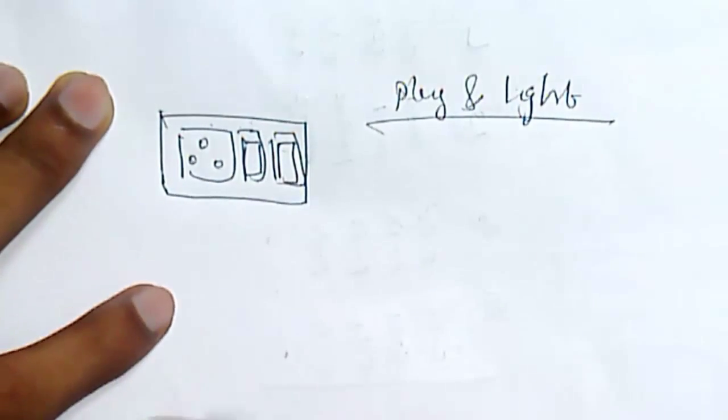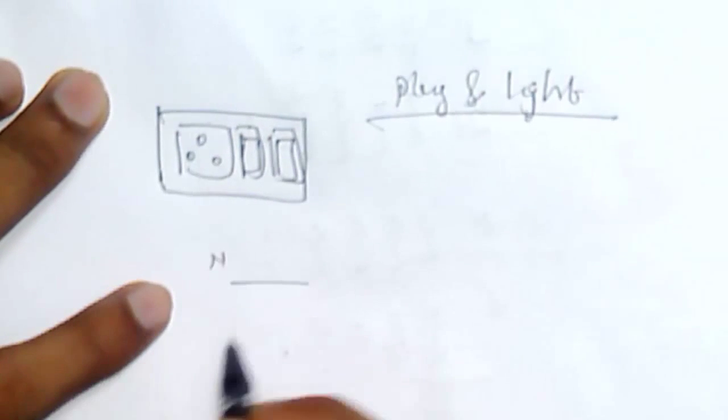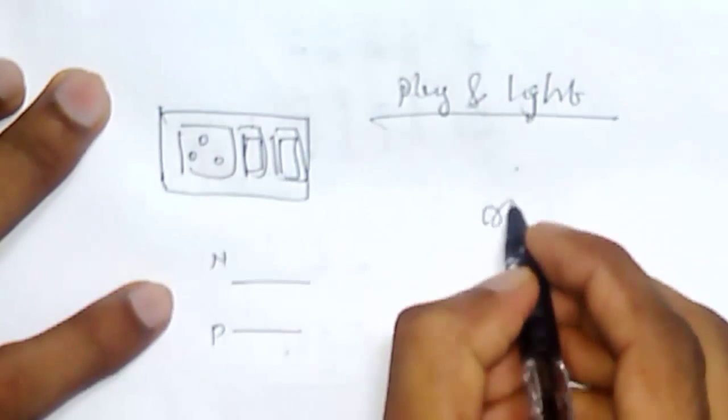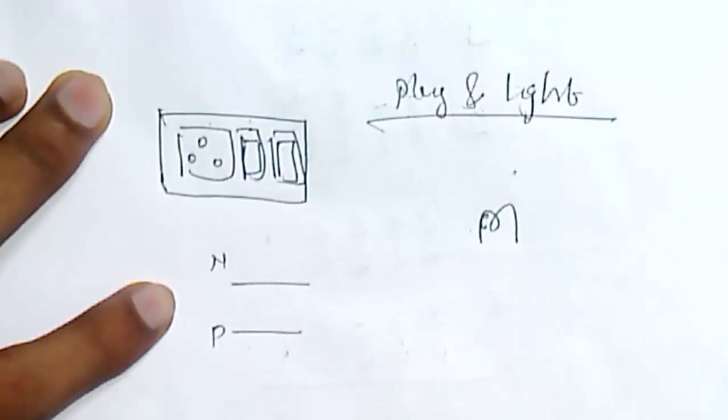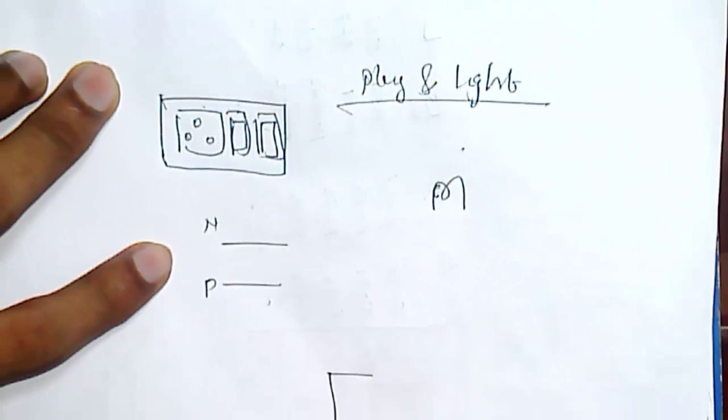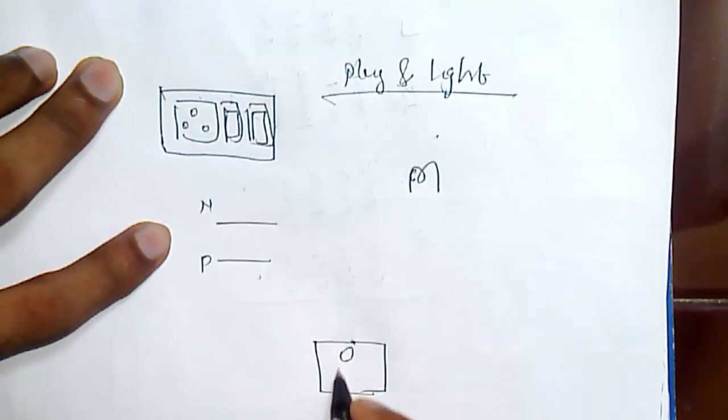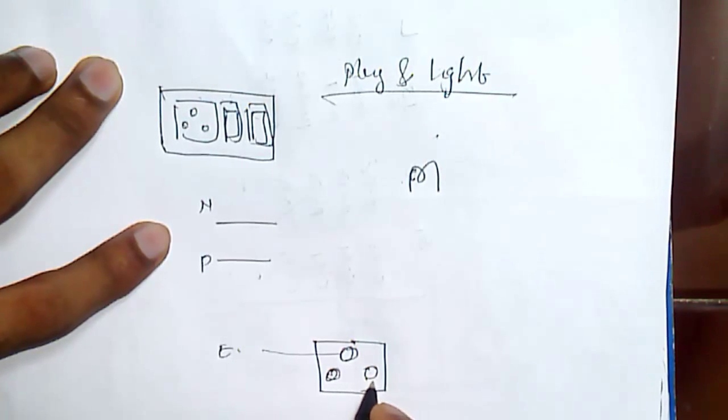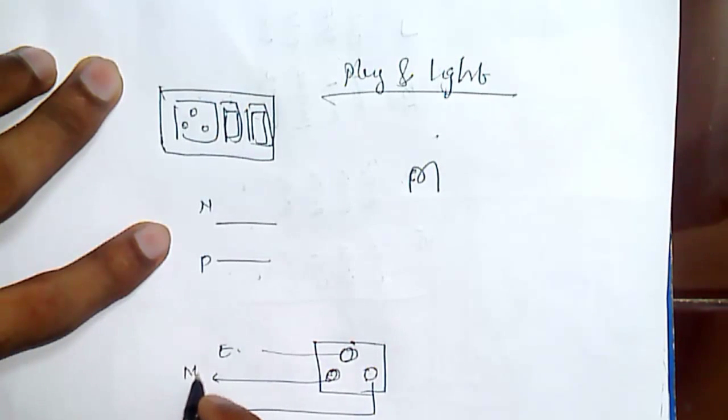Okay, the phase and neutral come, and we have the lamp here, and we have these three points. Commonly this is the earth point, and of the other two, consider this is phase and this is neutral.